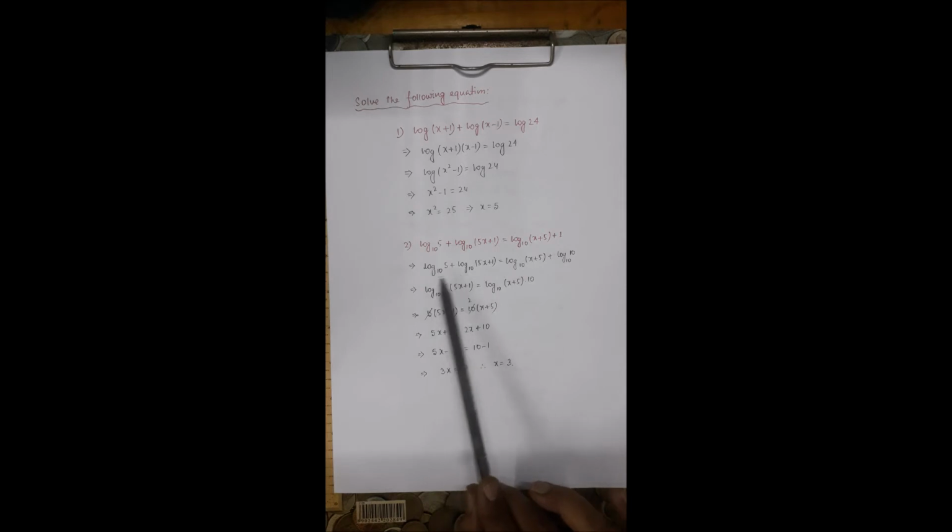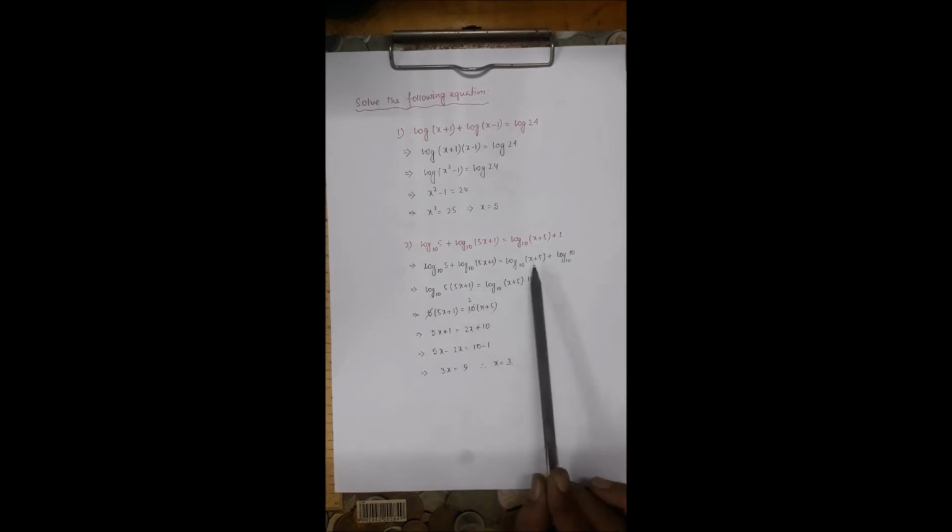Now, on this side we are using the formula log m plus log n equals log of m into n. That means you will get log of 5 into (5x plus 1).